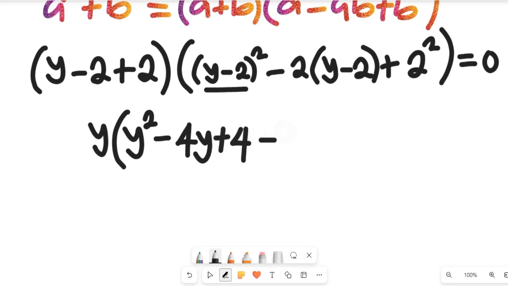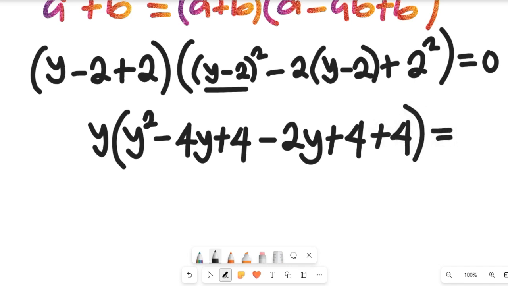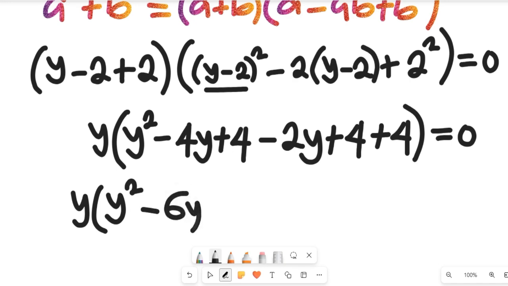And this will give us minus 2y plus 4 plus 4, and all these will be equal to 0. Now let's expand this. We're going to have y square minus 4y minus 2y, which is going to give us negative 6y. Add all the 4s, that will give us plus 12, right? And all these will be equal to 0.